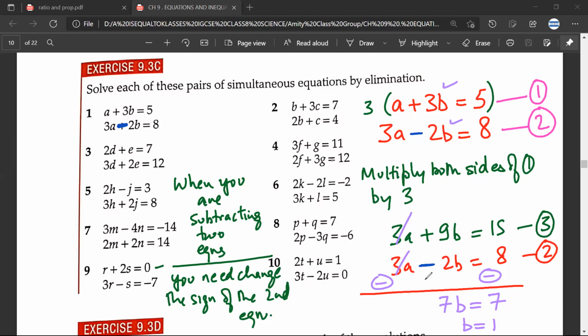Minus 2b will become plus 2b, and this 8 would remain as a minus. Because this is plus, this would become minus. So this happens only when you're subtracting. Shabash. Only when we are subtracting. Mr. Satya, any doubt still?